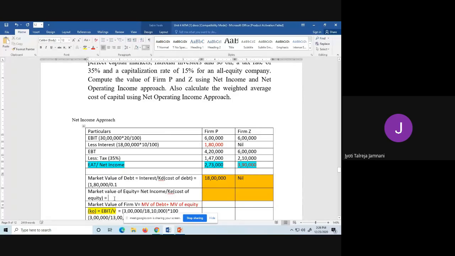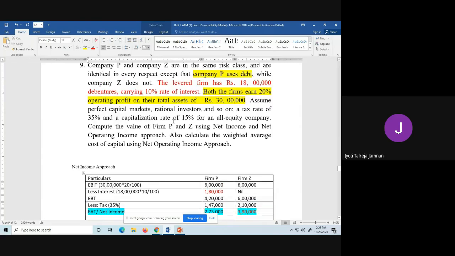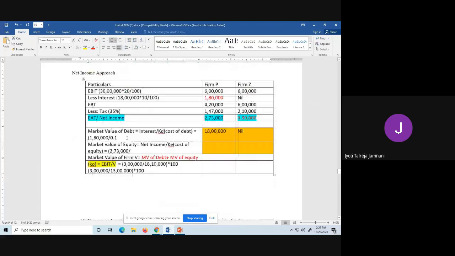Then we'll find the market value of equity. The formula is net income divided by cost of equity. So net income for Company P is 2,73,000 divided by the cost of equity. Here, the capitalization rate for an all equity company is 15%. So we'll take this 15% as the rate.